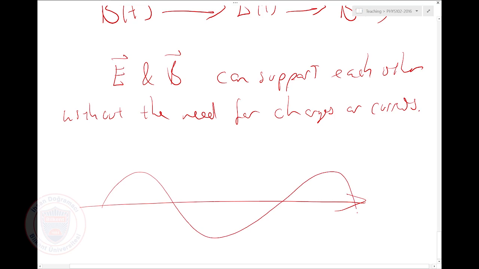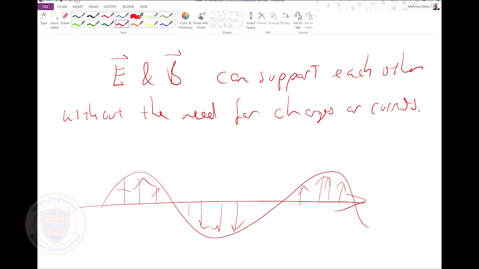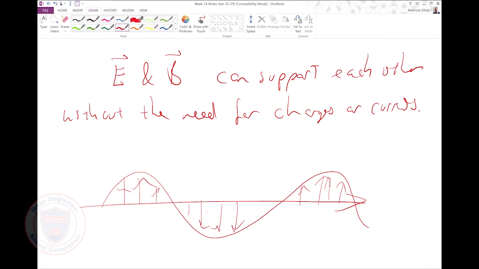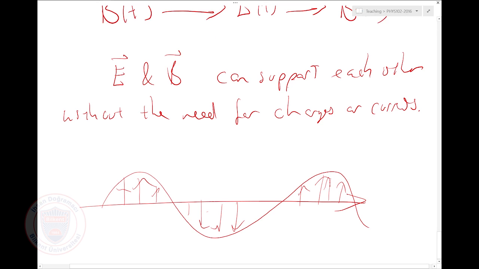He saw that if I have an electric field which is changing in space like this, like a cosine, which is changing with time, it actually induces a magnetic field which is perpendicular to that.